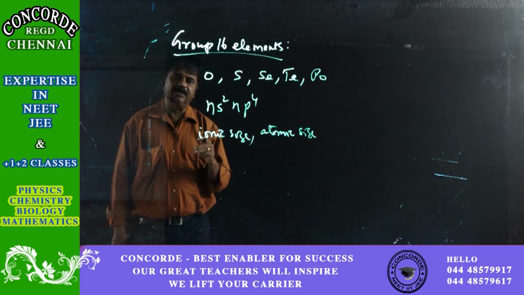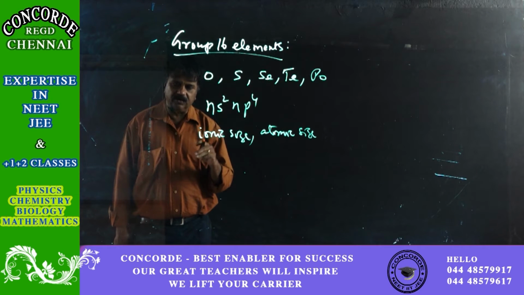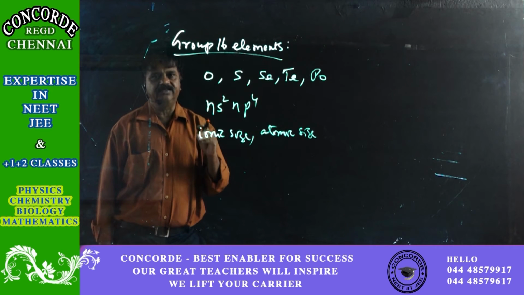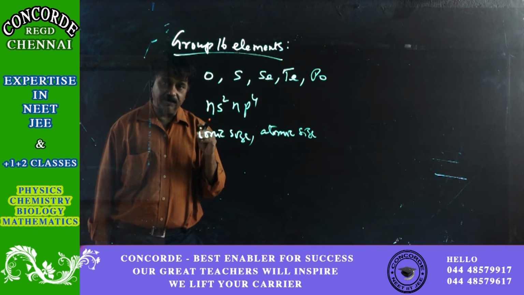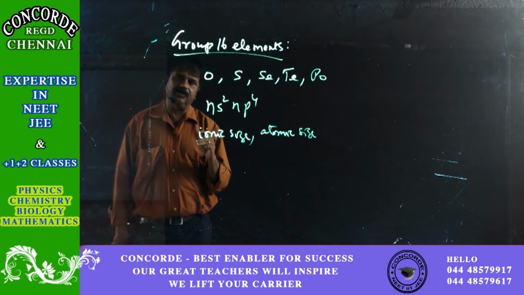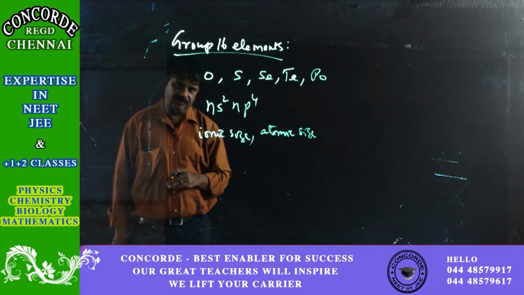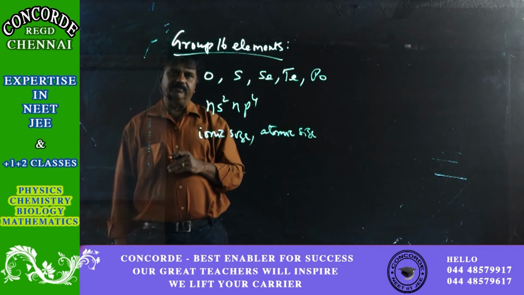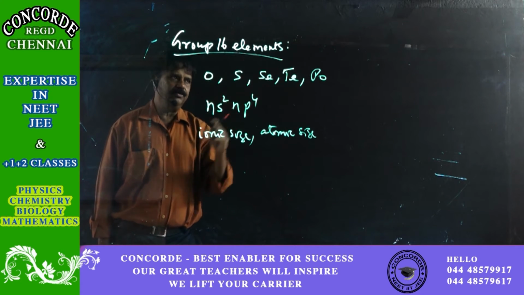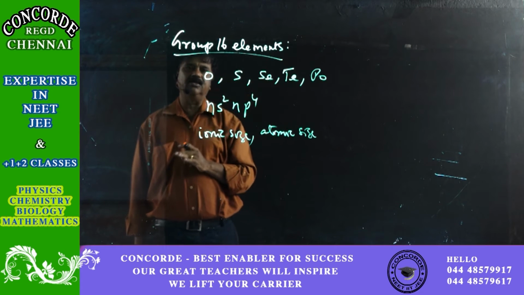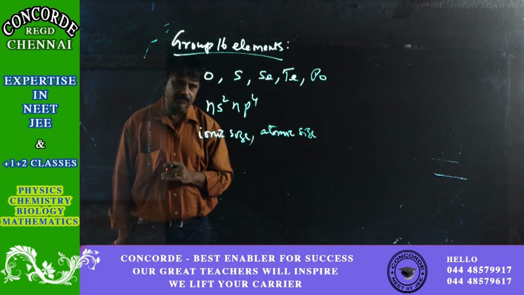Oxygen has a powerful tendency to accept 2 electrons to become a stable octet of 8, so it is highly electronegative, next only to fluorine. Fluorine is the highest electronegative element, next one is oxygen. Electronegativity decreases down the group. With polonium, it is literally not an electronegative element.